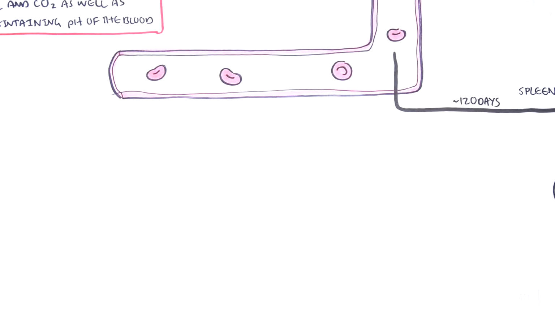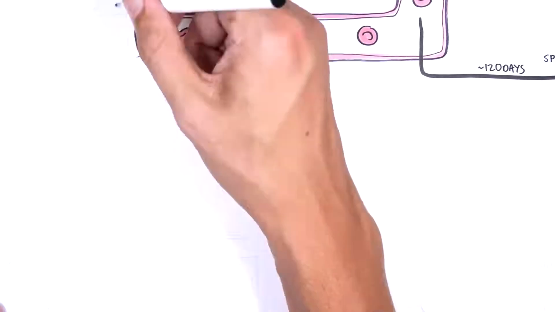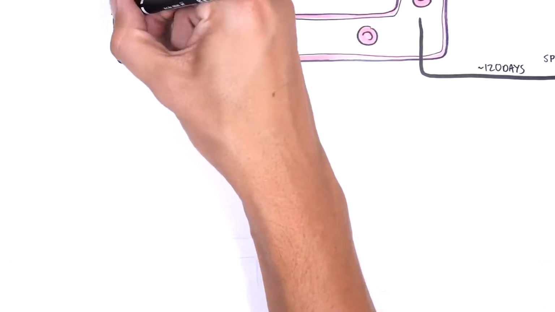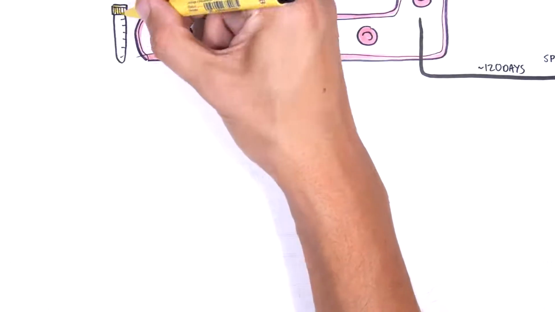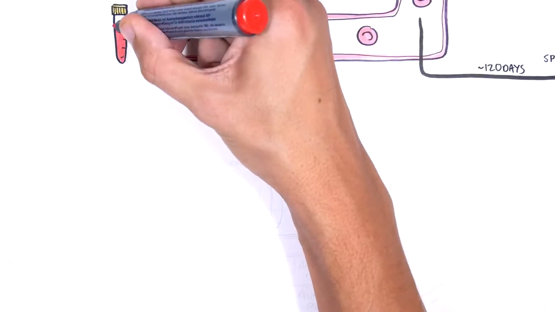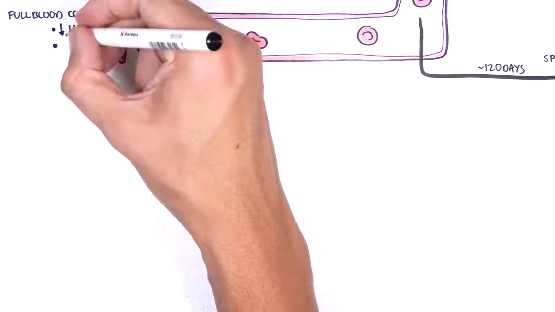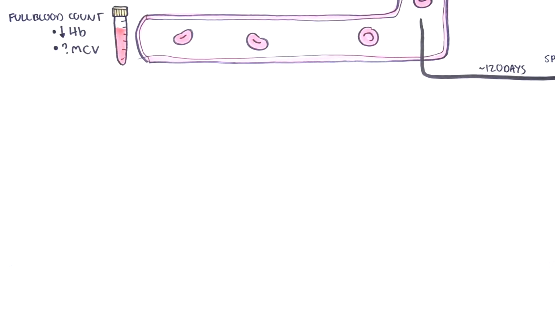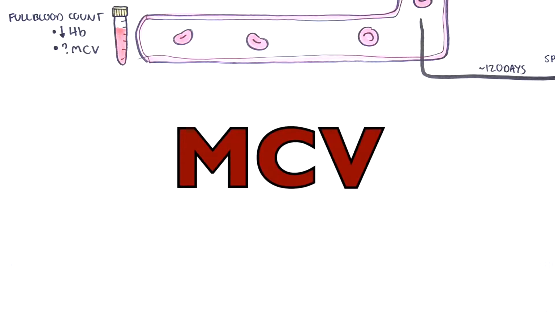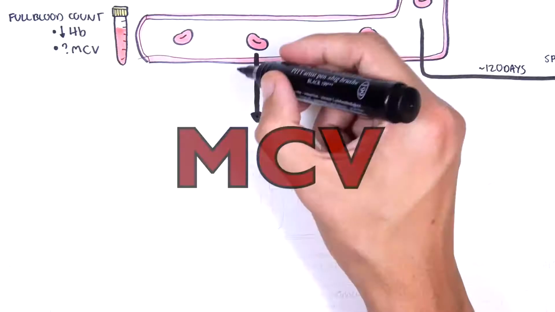When performing a full blood count or a complete blood count, looking at hemoglobin is the first step to diagnosing anemia. But how does one categorize anemia? Well, one way is to look at the full blood count first and look at the mean corpuscular volume. The mean corpuscular volume, abbreviated MCV, is the average size of the person's red blood cell.